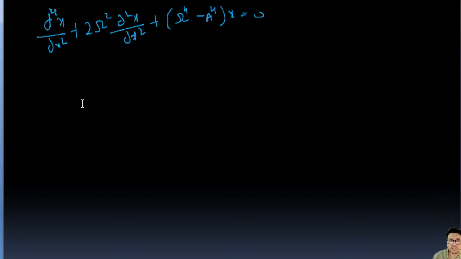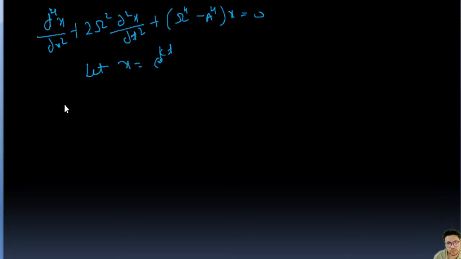So for solving this type of question, what we can do is consider x equal to e to the power kt. We will put e to the power kt here and differentiate it 4 times.